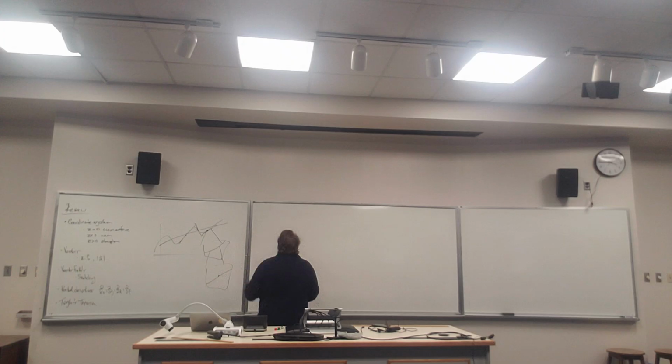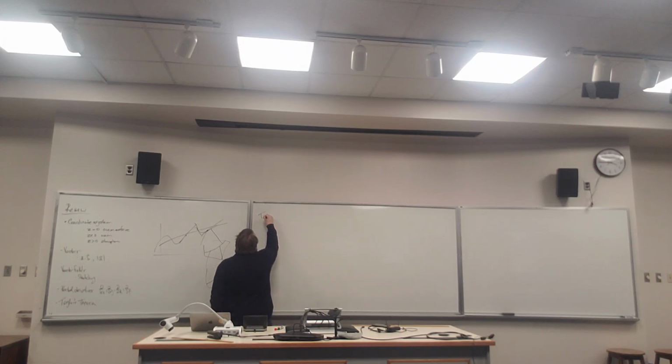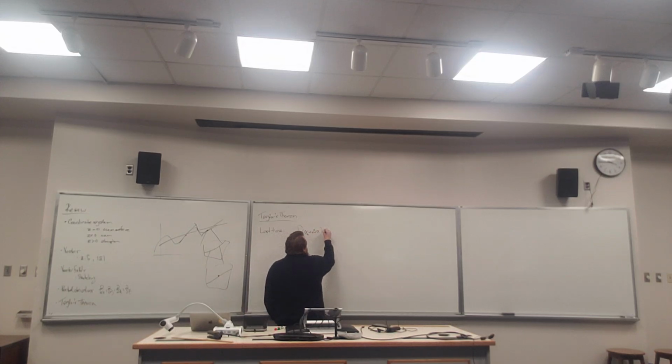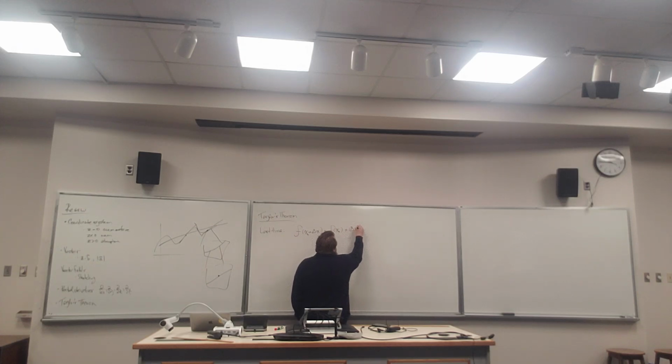So let's go back to Taylor's theorem. Last time, we wrote the theorem as, for any function f of x naught plus delta x, is equal to f of x naught, that's the value at our base point, plus delta x times df dx.